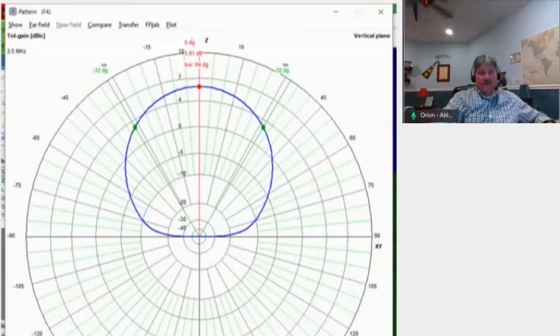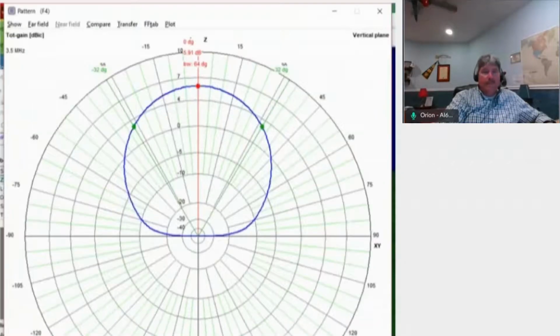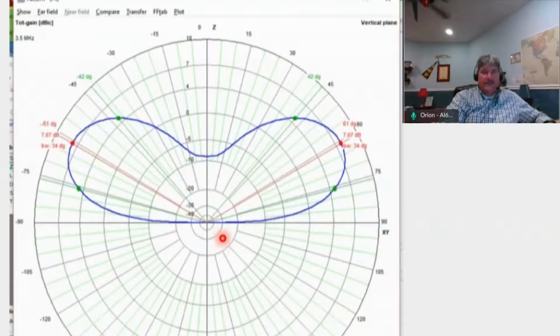One of the other things that's kind of interesting I noticed is the gain isn't quite as high. It's only 5.9 compared to what you would normally see in the full version of the antenna. Remember, we were looking at this one here, and we had a gain of 6.7.